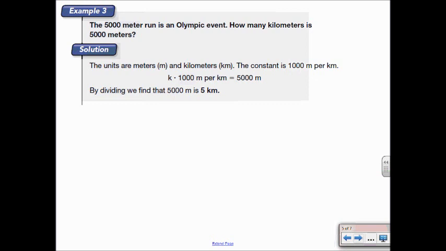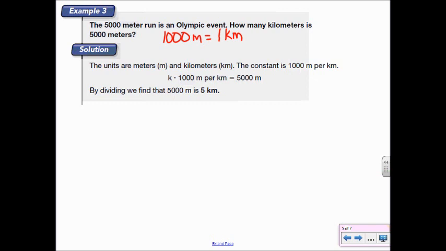Example 3. The 5,000 meter run is an Olympic event. How many kilometers is 5,000 meters? We have from our conversion table that 1,000 meters equals 1 kilometer. Kilo means 1,000.